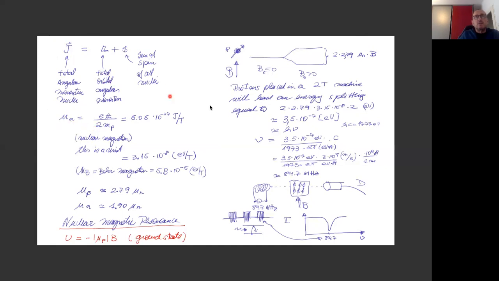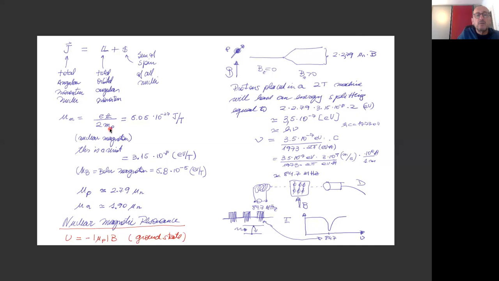If you now take these particles and put them in the presence of a magnetic field, you will see a splitting of the levels, as in the case of the electrons. With the difference now that when we studied the electrons, the expression for the Bohr magneton was eħ divided by 2 times the mass of the electron.